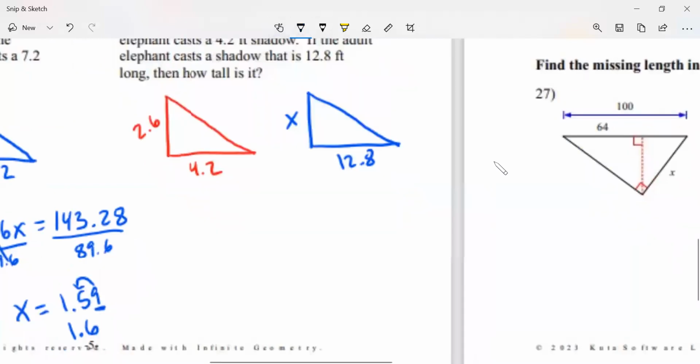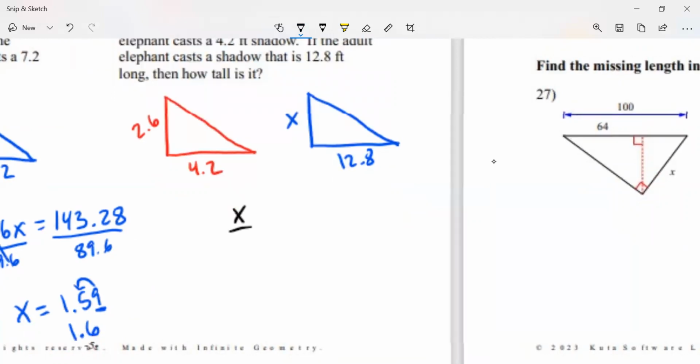So based on the blue triangle, I'm going to write X and 12.8. I'm going to write 2 fractions. These values I got from the blue triangle. Now, X goes with 2.6, right? Height goes with height. So X is going to go with 2.6 and 12.8 is going to go with 4.2.